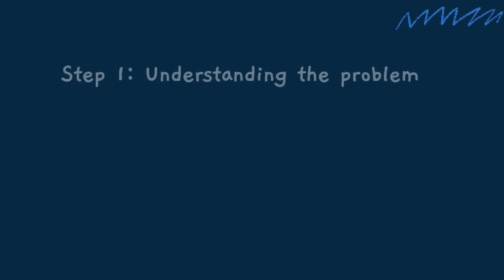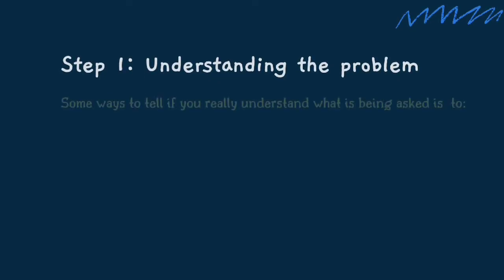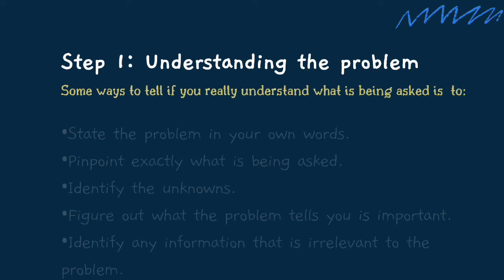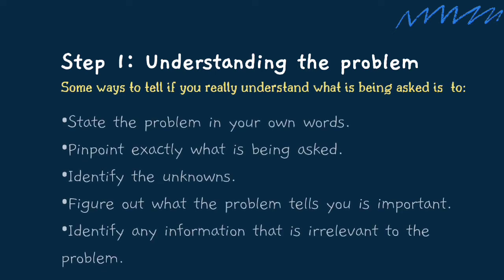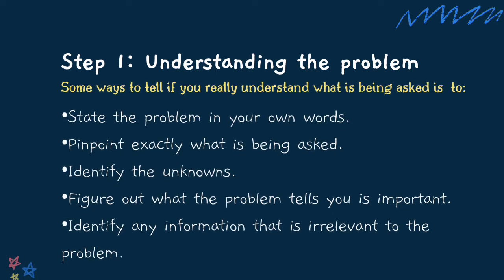The first step of Polya's process is to understand the problem. Some ways to tell if you really understand what is being asked are to state the problem in your own words, pinpoint exactly what is being asked, identify the unknowns, figure out what the problem tells you is important, and identify any information that is irrelevant to the problem.